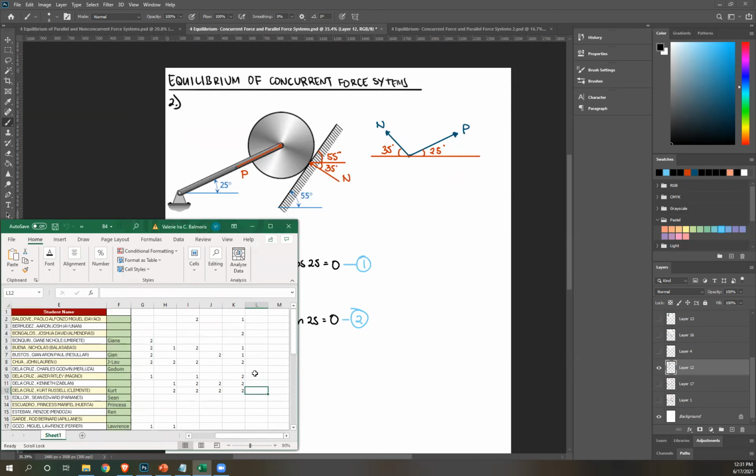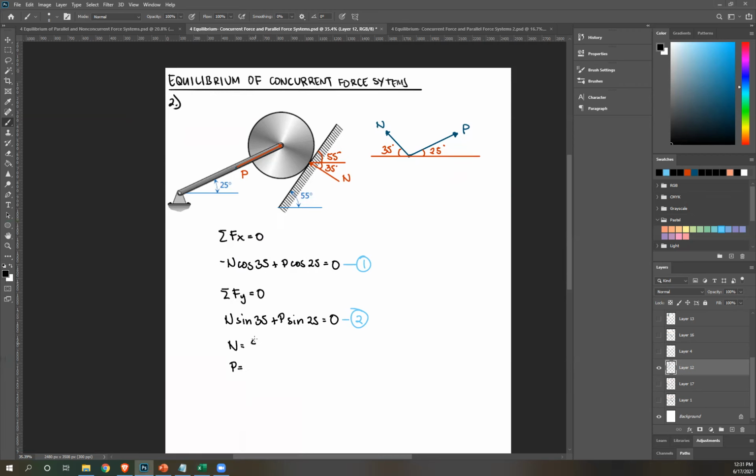Then what's P? Please answer. Correct. It's 378. Very good. Positive. So, correct, Kurt and Rafaela. So, Pangalangan and De La Cruz.